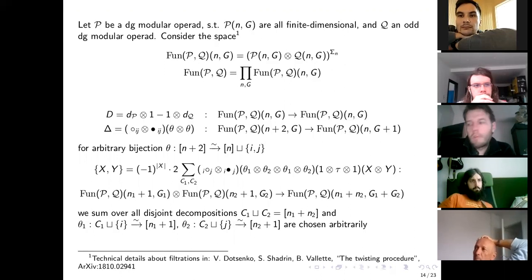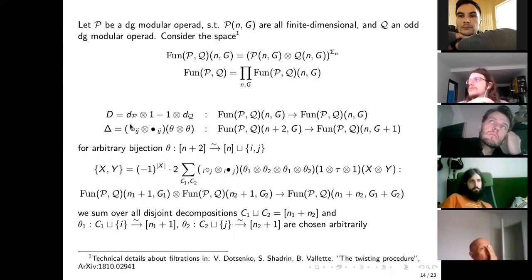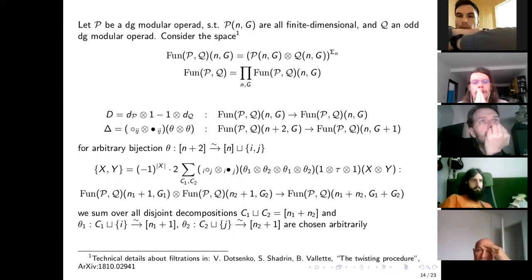So you compensate what you had in one composition with the other composition to have really something of degree 1. So you need to start not with just a modular operad, but with a twisted modular operad, if that's what you mean. Okay, good.